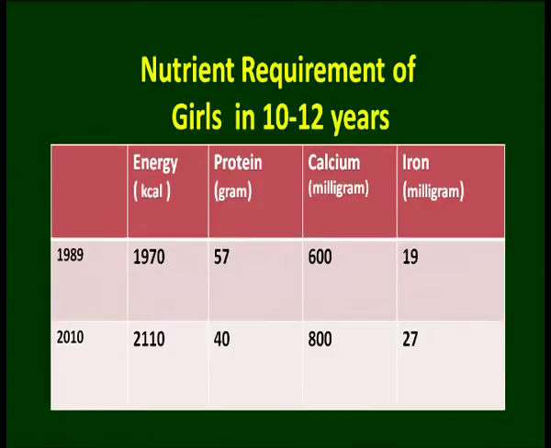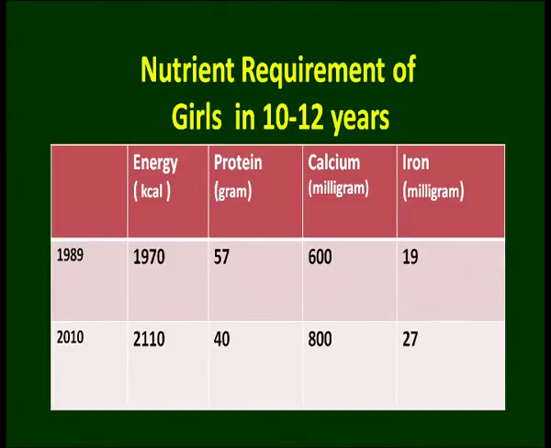So, the nutritional requirement for protein is 40, calcium requirement is 800, iron requirement is very high, that is 27 milligram, and the energy requirement of course is more than 2000.